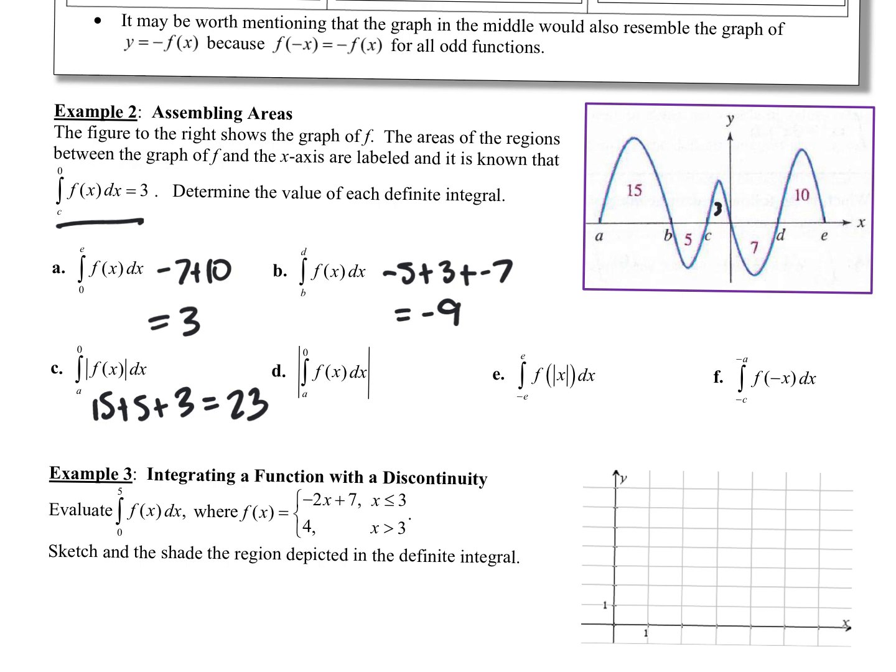So we need to find A to 0 of F. So A to 0 of F will just be as it is, 5, 15, negative 5, and positive 3, right? Which will be 13.